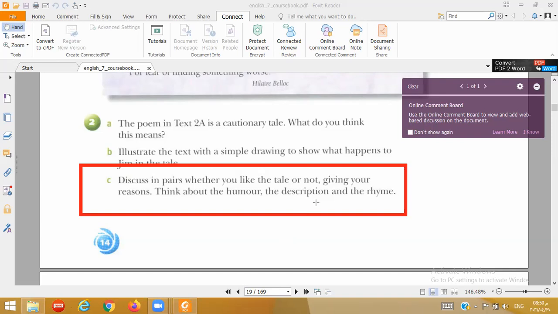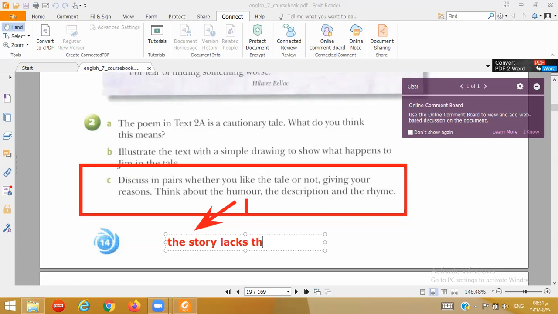Now think about the humor, the description, and the rhyme. Humor, was it funny? No, it was not funny, right? I didn't find humor. Humor means something funny. I didn't find anything funny.